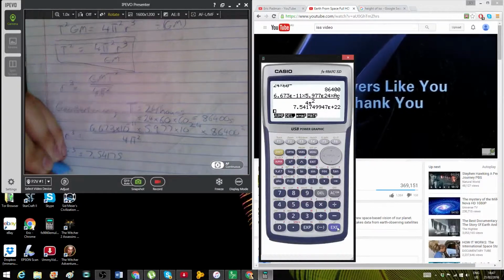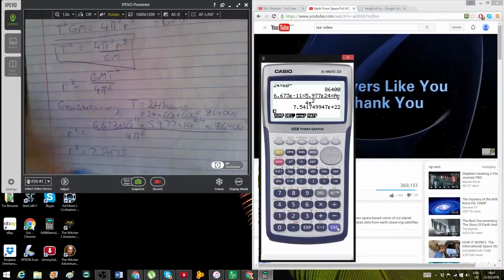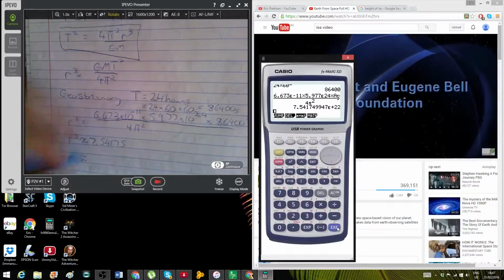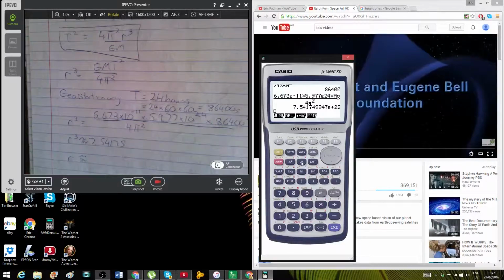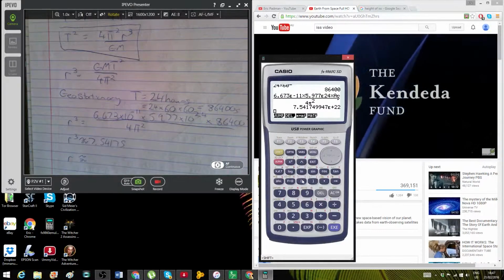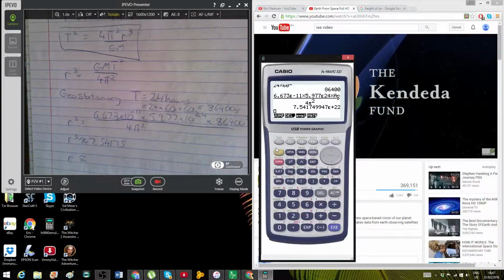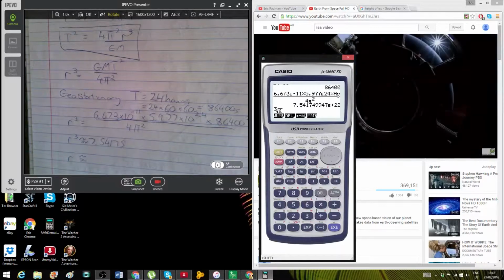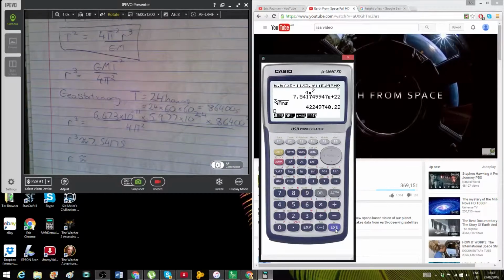And r equals the cube root of that. So let's approximate that. Cube root, my last answer.